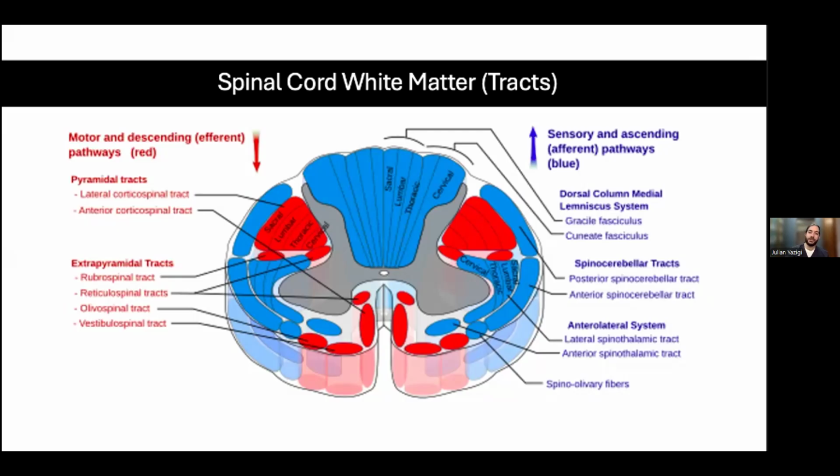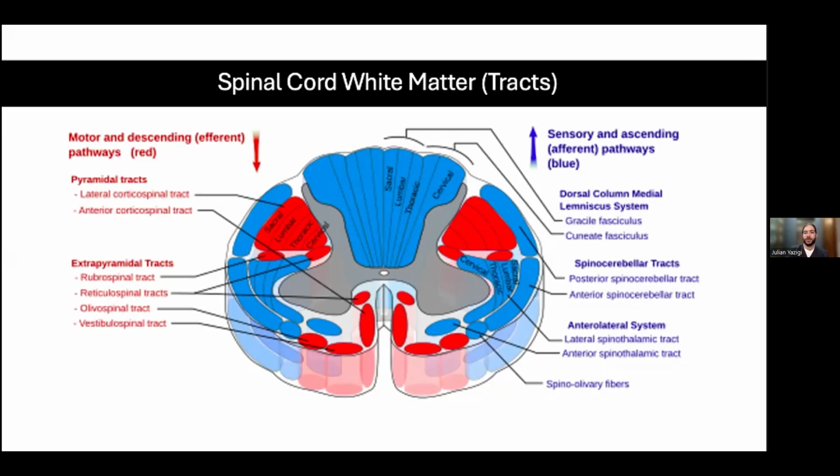In addition to these conscious pathways, the spinal cord contains ascending tracts that transmit unconscious proprioceptive information to the cerebellum. These include the dorsal or posterior spinocerebellar tract, which carries information from muscle spindles and Golgi tendon organs of the lower limbs and trunk, and the ventral or anterior spinocerebellar tract, which conveys more complex interneuronal signals related to ongoing motor activity.